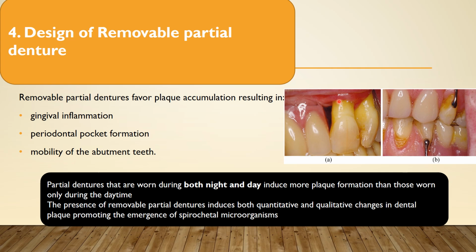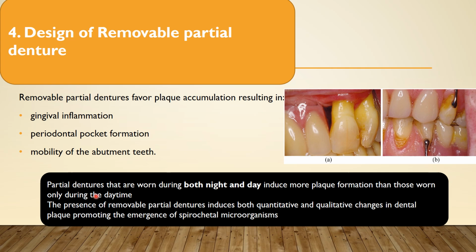For example, you can see that the retention factors being placed on the adjacent tooth can cause injury to the gingiva and lead to iatrogenic periodontitis.